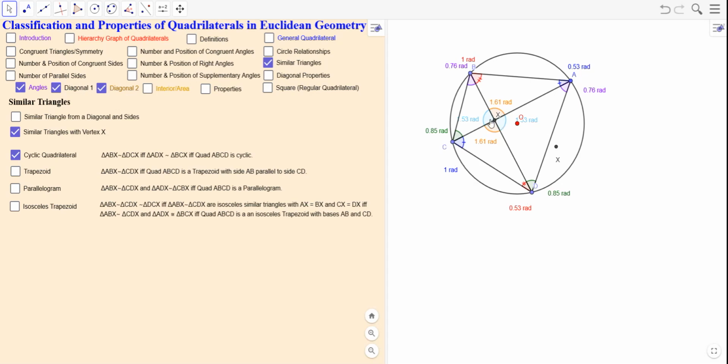You've got some vertical angle pairs here that are congruent. The red angles are congruent here, where you go from CDB and ABD. Now, those two are not necessarily congruent.